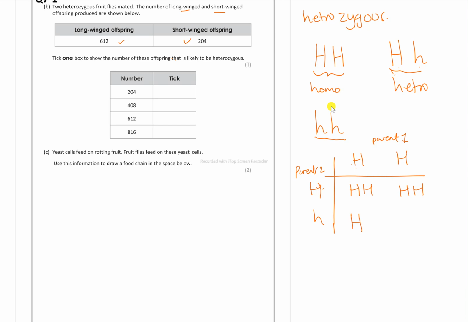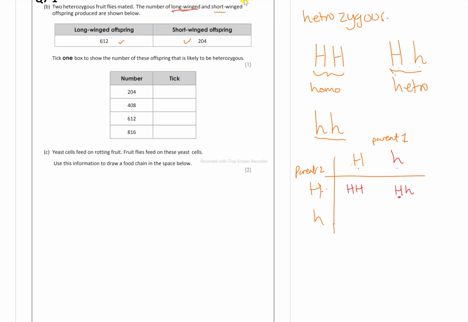Oh, does it say dominant? It doesn't. Right, okay, so let me get that. Is that right? Can we get rid of that? Let's just get rid of it, I'll start that again. Right. So it'll be H, lowercase h. So you've got H. That gives you a long-winged.